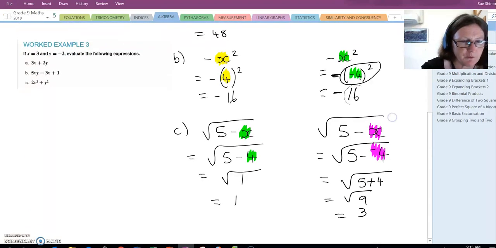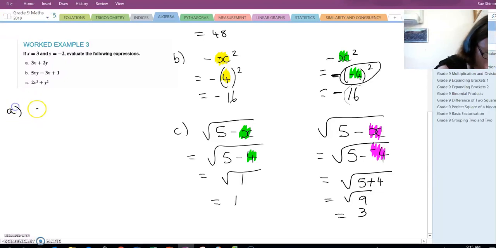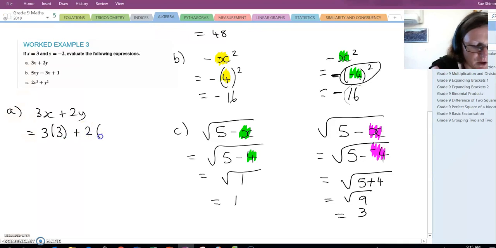Let's look at worked example 3. It tells us that x is 3 and y is negative 2. So what we need to do in example A, 3x plus 2y. But we're not going to write x, we're going to write 3. And then it's 2 times y, and instead of y, we're going to write negative 2.